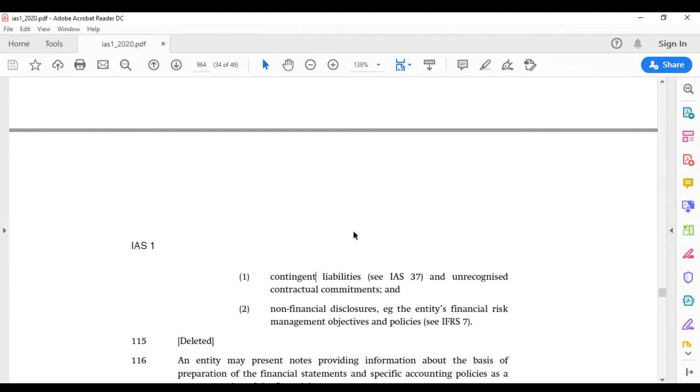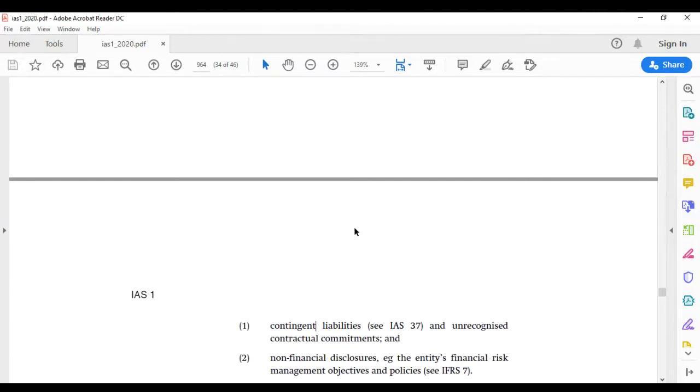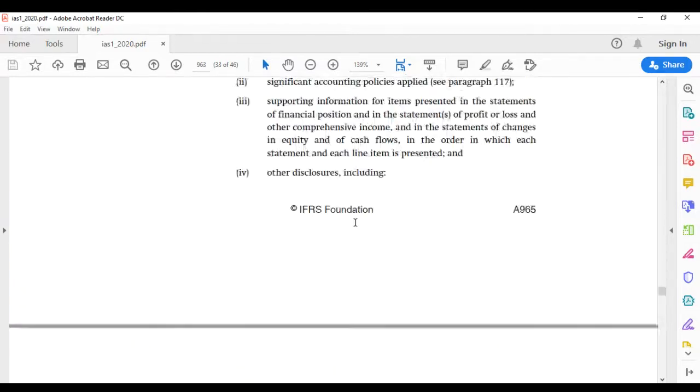Unrecognized contractual commitments, we also mentioned something similar yesterday, where the company has committed itself. They've signed an agreement with a supplier that next year or the year after, they are going to be acquiring items from that supplier for 5 million rands. So they are committed contractually, but they haven't concluded the transaction yet.